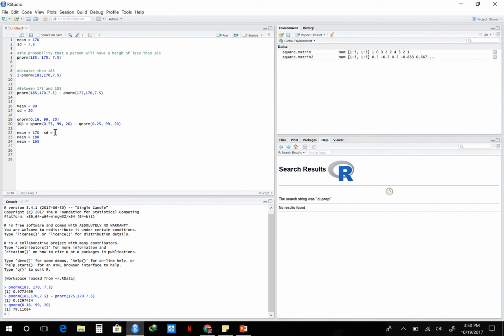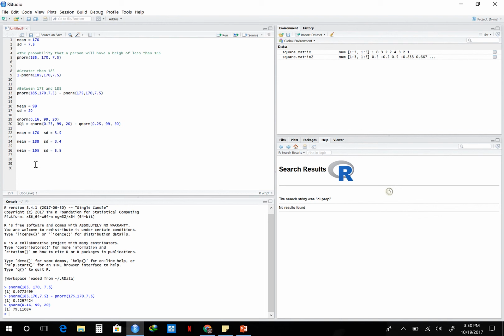So we'll say, I don't know, 3.5, 2.4, 3.4. I don't know if these standard deviations make sense, but let's just pretend we have this data set.